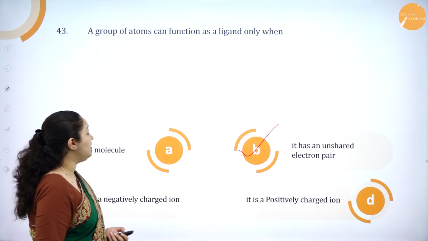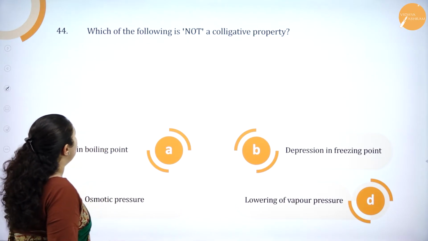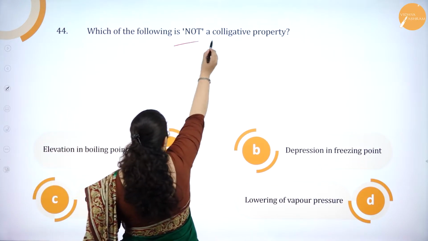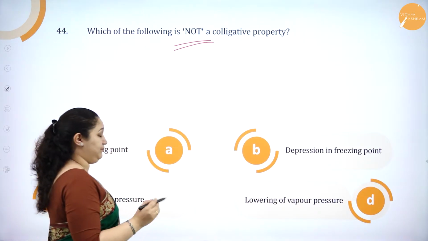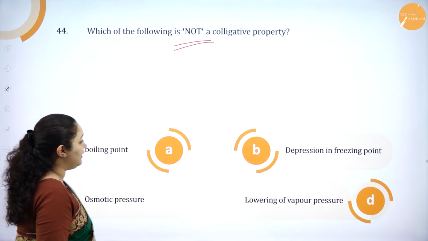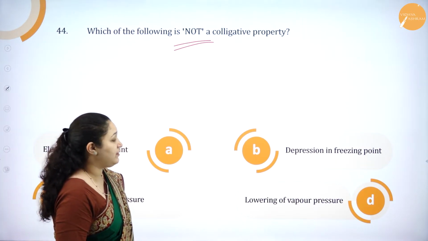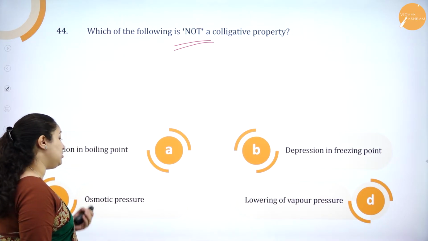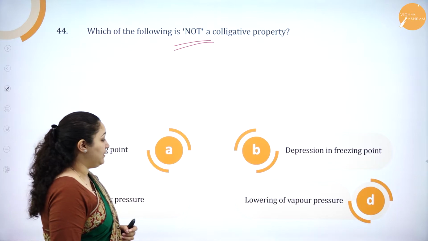Okay. Next question. Which of the following is not a colligative property? We'll see the options. Elevation in boiling point, it's a colligative property. Depression in freezing point, again it's a colligative property. Osmotic pressure, even this is a colligative property.